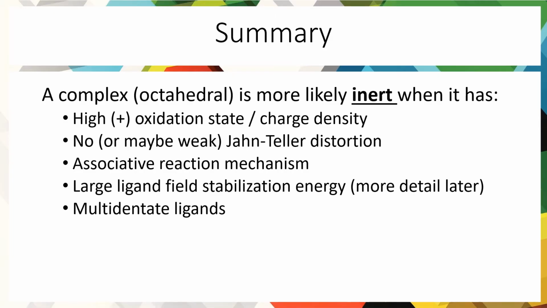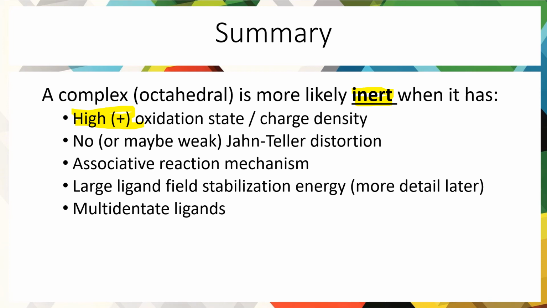So to summarize, we saw several different features here. Let's think about how to tell whether a complex is inert. A complex is likely to be inert if, first of all, the metal has a high positive oxidation state, right? High charge. This works even for the alkali metals versus the alkaline earth metals: the higher the charge density, the slower the reaction.